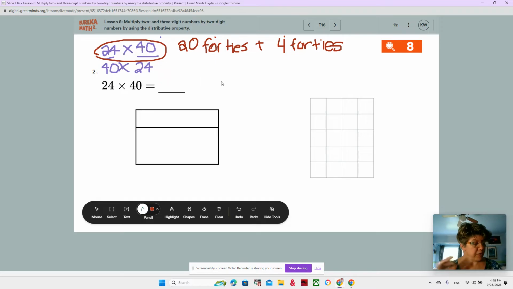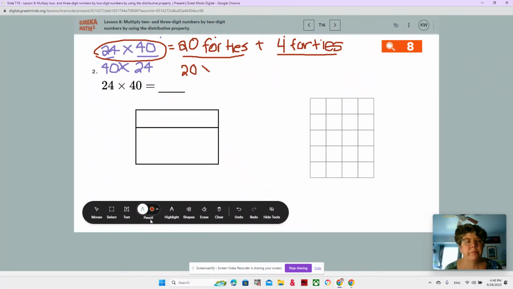All right. Just trying to think about the numbers in different ways to help our minds understand it a little bit better. So 20 groups of 40 plus 4 groups of 40. All right. Is this a true number sentence? Yes, because 20 plus 4 equals 24. So 24 times 40 is equal to 20 40s plus 4 40s. All right. We can also write that in standard form. 24 times 40 is equal to 20.